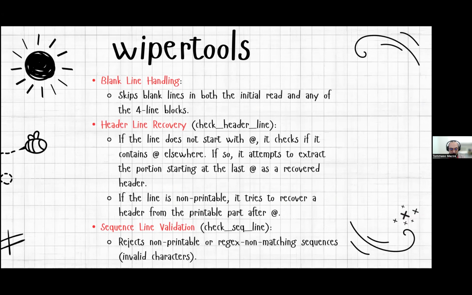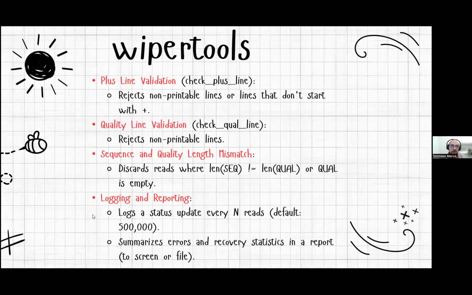Otherwise, the other characters are considered invalid. Then it just checks that we have a plus line, so it rejects not printable lines, or lines that do not start with a plus.